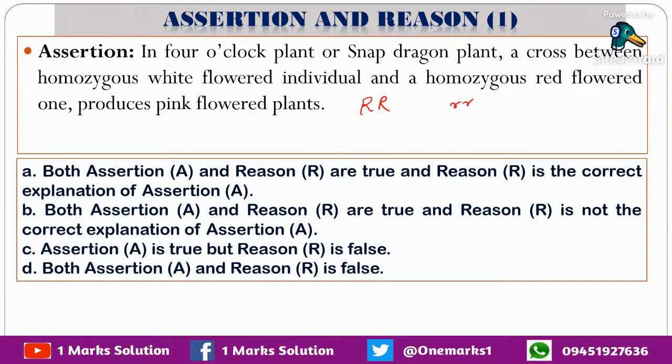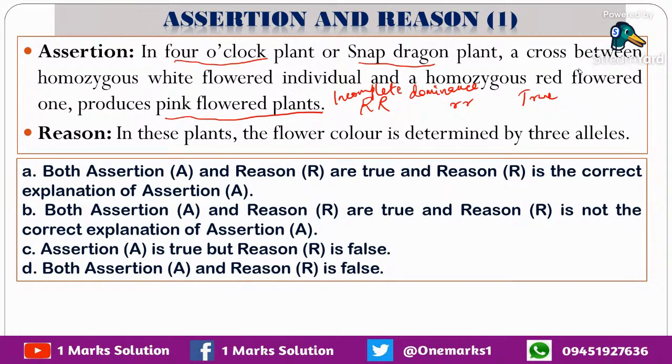And when we say 4 o'clock plant or snapdragon, what kind of inheritance is it? Incomplete dominance. Okay, so this produces pink flowers, that is due to the incomplete dominance. So the statement is true.